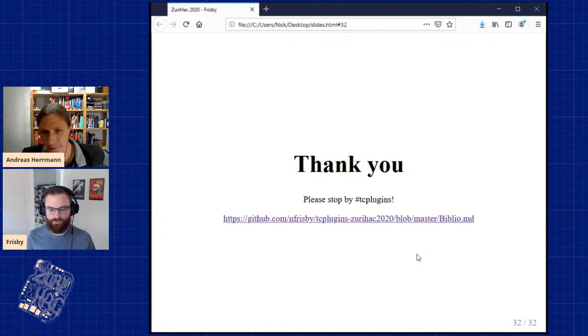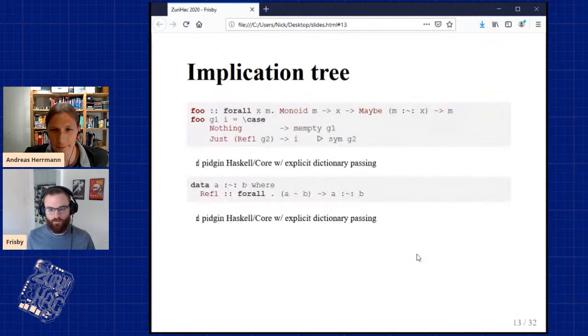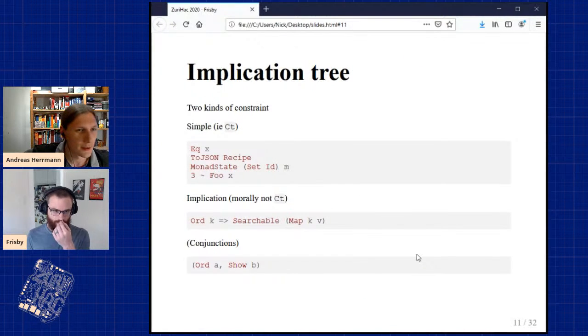Thank you. On slide 11, there was the question of whether implication is what is introduced by quantified constraints. Yes, that's the recent development, sorry, I should have said that. That's the recent development that lets Haskell users write implication constraints explicitly.